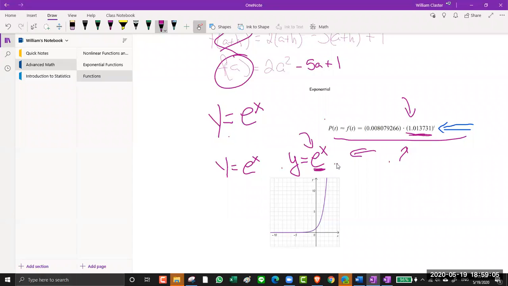Okay, let me rewrite this. This is f of x, right? Does everyone agree with that? Like usually we write f of x here, right? Okay, anybody want to say it?